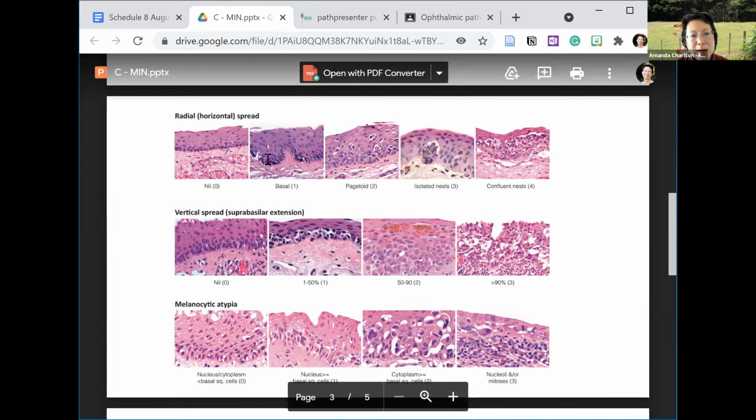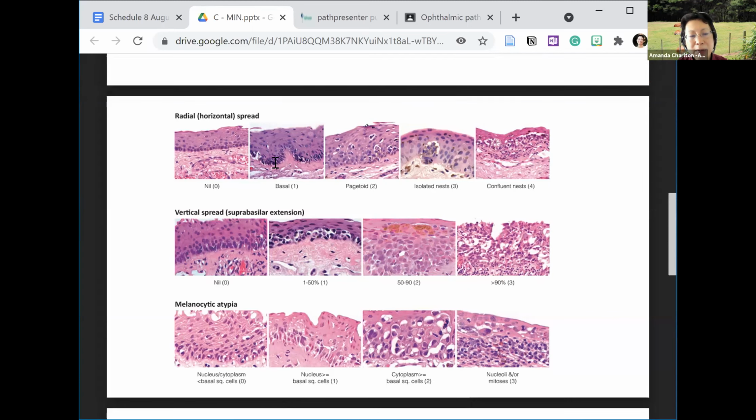In this one here, we have basal epithelial proliferation. So we have melanocytes, their little cell bodies are touching each other. Normally they don't touch each other, they only touch their dendrites. So here they're touching their cell bodies, and it's got basal proliferation, but it's restricted to the basal.